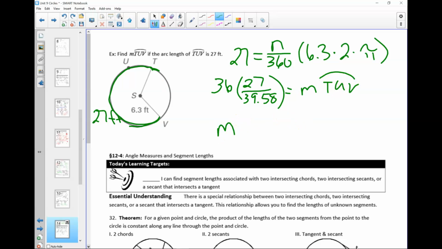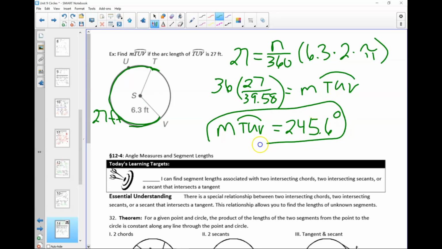So the measurement of arc TUV, when we multiply this out, equals 245.6 degrees. That ends our arc length.